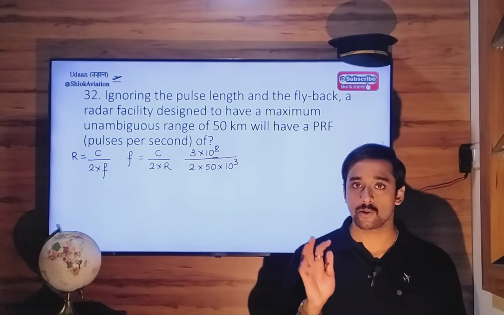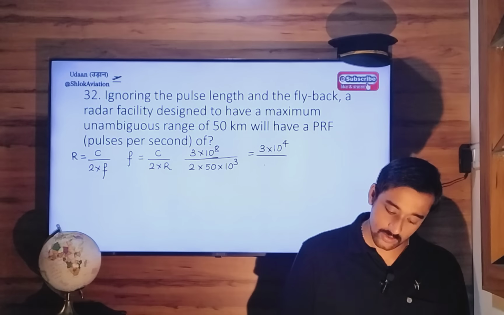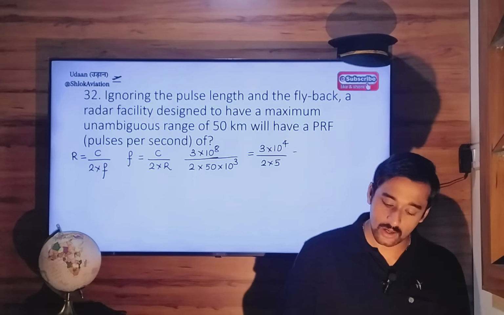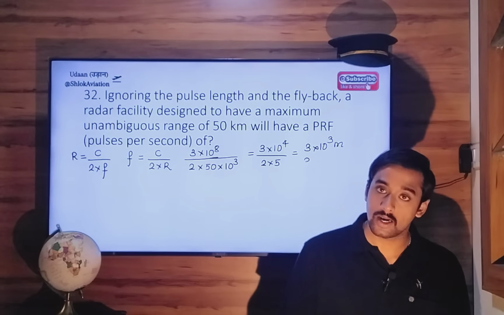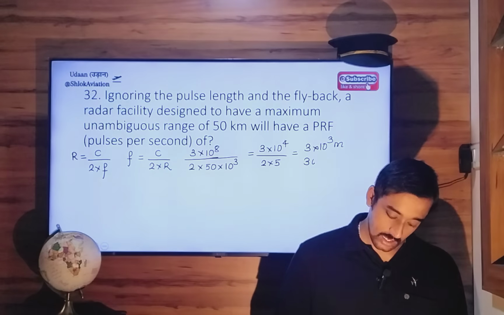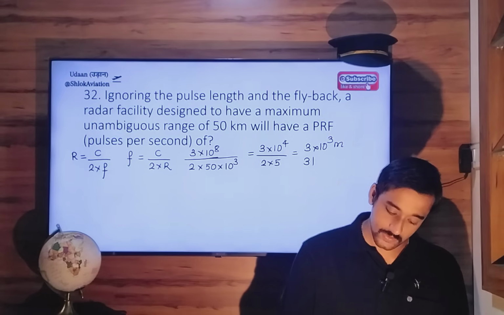We want equal units, meter, meter, both in the numerator and denominator. So 3 into 10 raised to 4 by 2 into 5. So 3 into 10 raised to 3 meter, that is 3 kilometers, right? 3 kilometers.